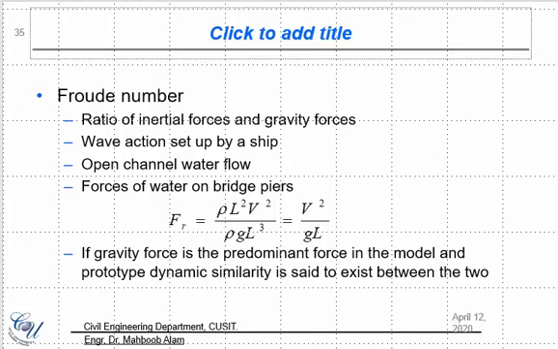We use it in areas where we have to look at, for example, the wave action on ships. Froude number is also used in flow over notches, flow over weirs, and flow over the spillway of a dam. These are different areas where you have to look at the Froude number, and you have to ensure that this particular force ratio of the Froude number is the same in the model and in the prototype.